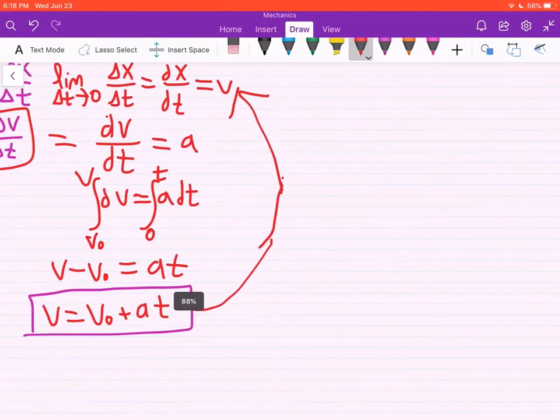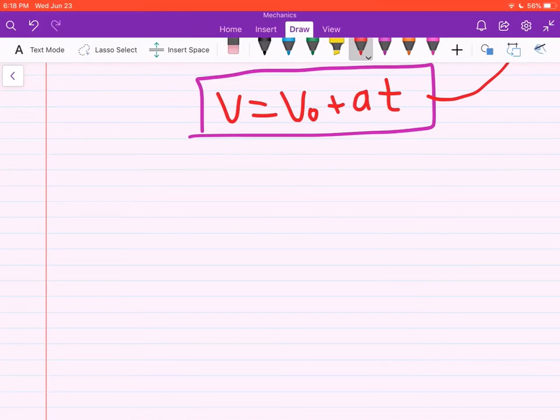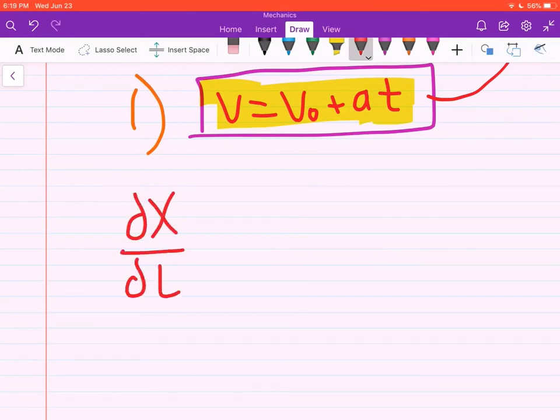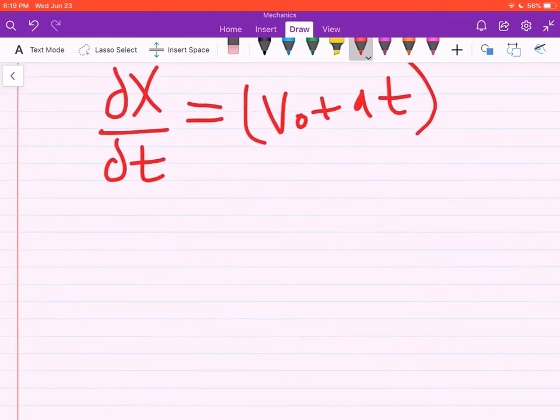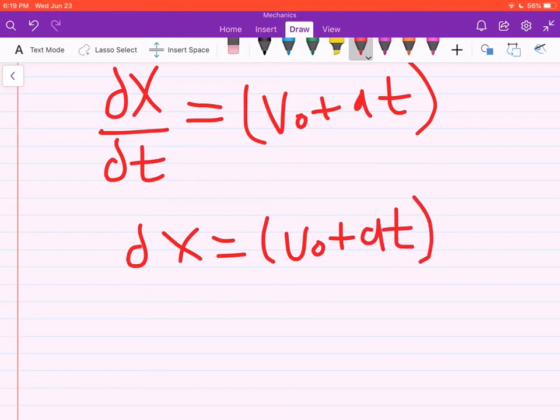So for the second equation, if we have our instantaneous velocity dx/dt equal to this term v0 plus at, we could do the same thing we did on the first equation, where we have dx is equal to v0 plus at times dt, and now we can integrate both sides again.